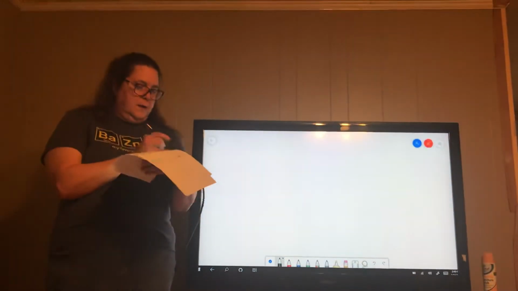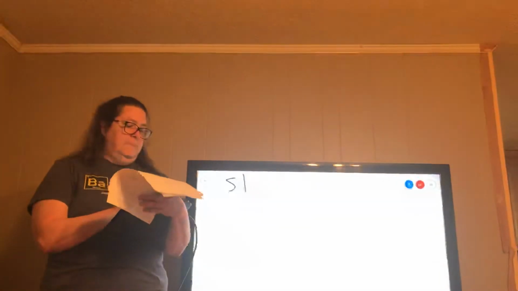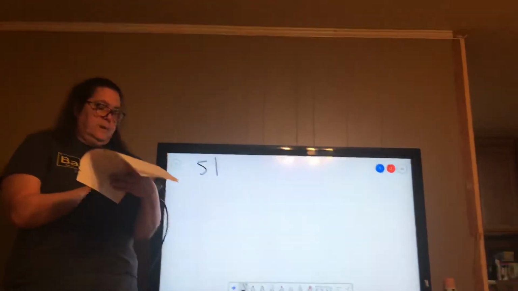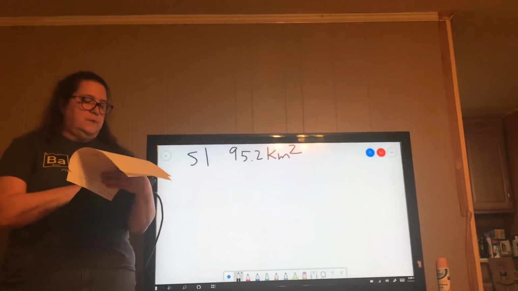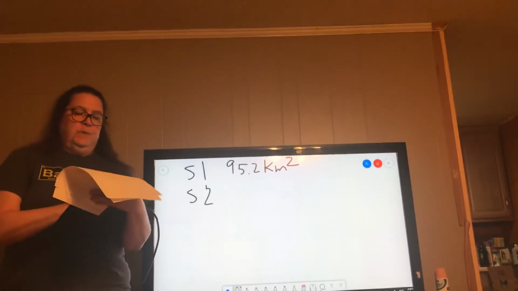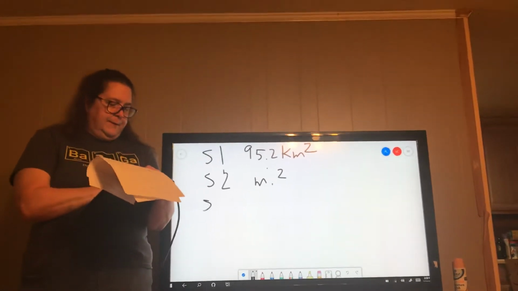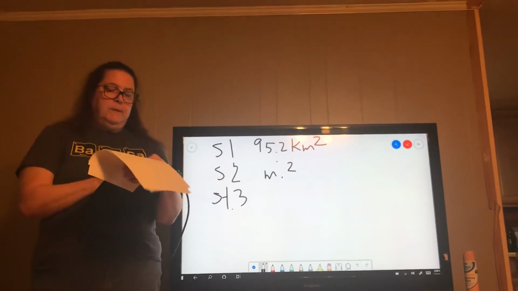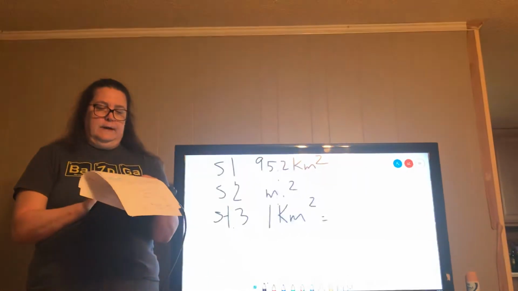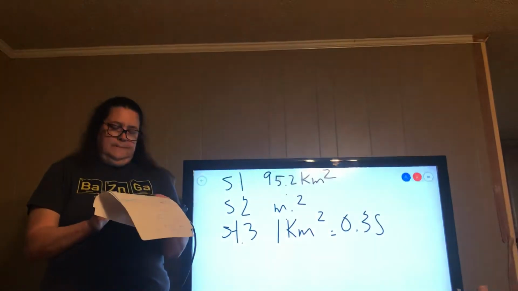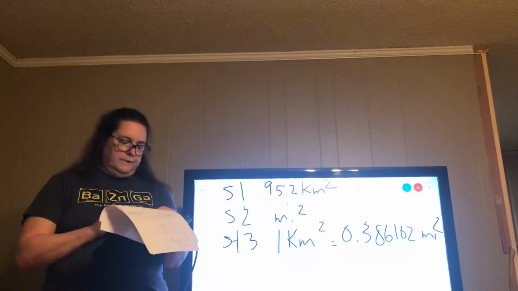All right. So, step 1 for slide 17. We're going to start with 95.2 kilometers squared. Step 2, we want to get to miles squared. Step 3, remember, we're going to write the conversion factors in step 3. So here is my conversion factor.